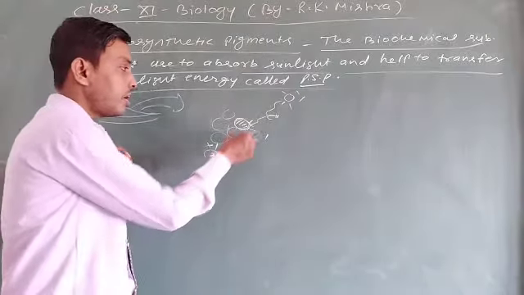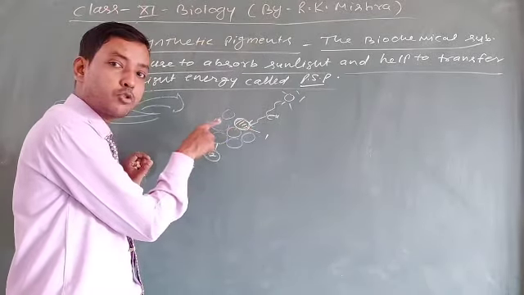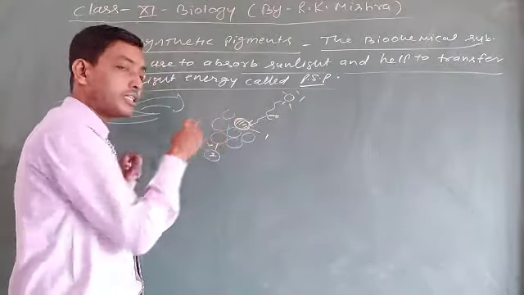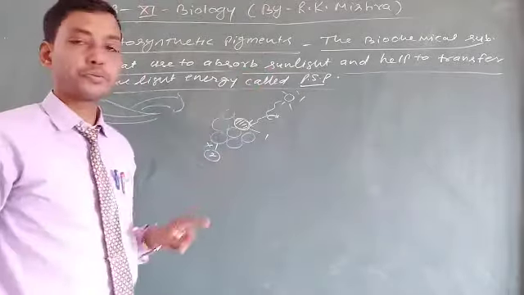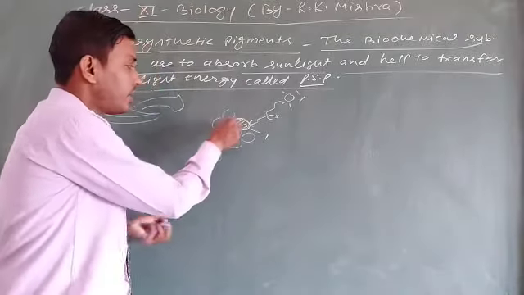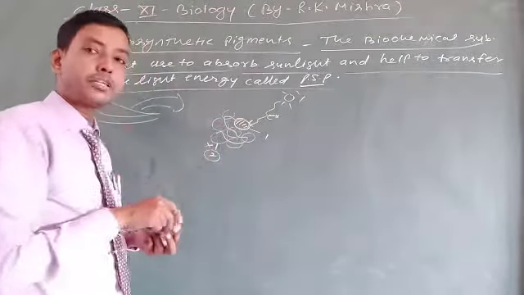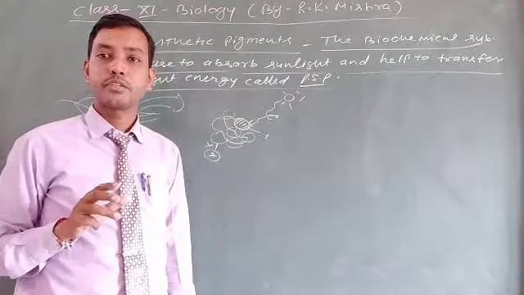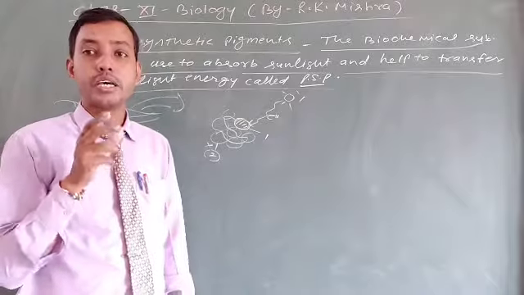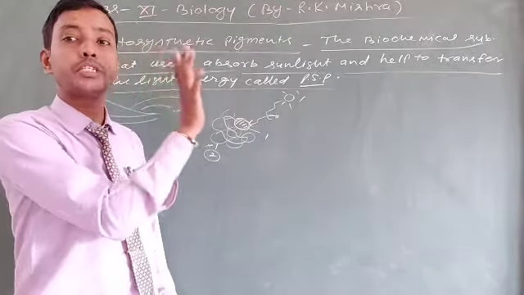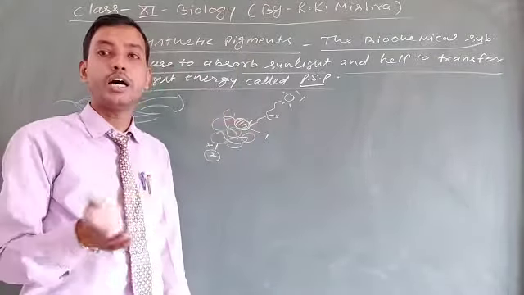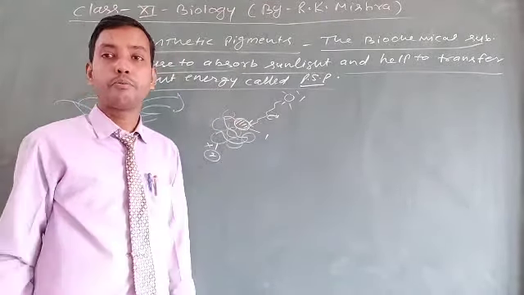Listen. As the photosynthetic pigments absorb the light, this is the process of light absorption. Then the light energy is later transferred to the next photosynthetic pigments which cannot absorb the light. So it is transferred to the next different photosynthetic pigment. It means the absorption process happens by some special kinds of photosynthetic pigments, and then they transfer the energy to the next type of photosynthetic pigments.